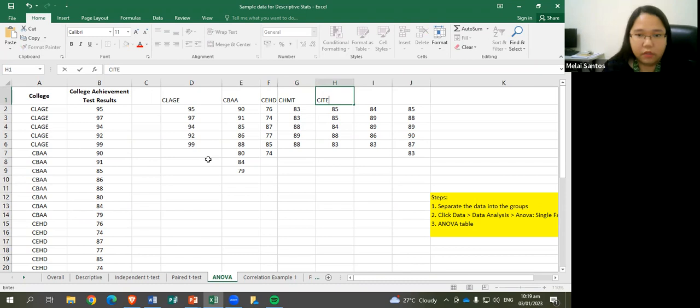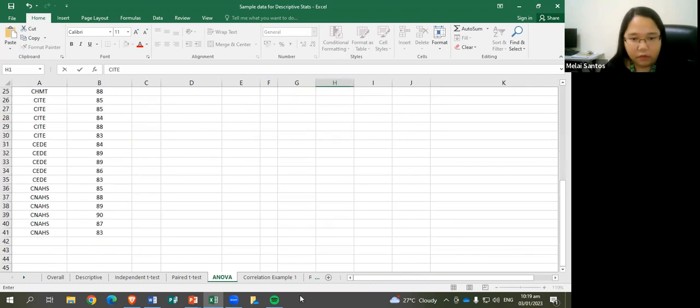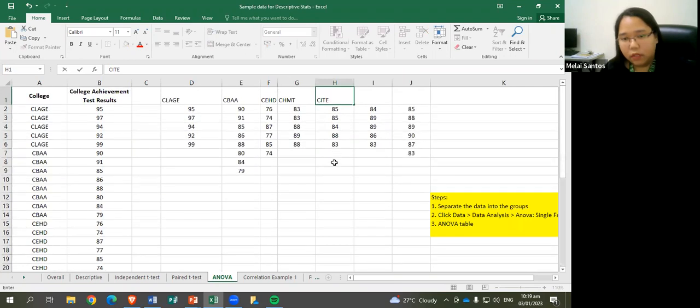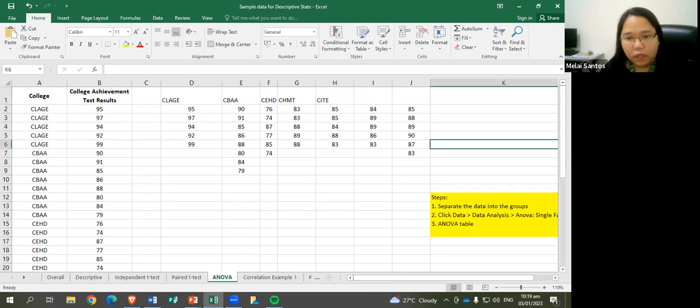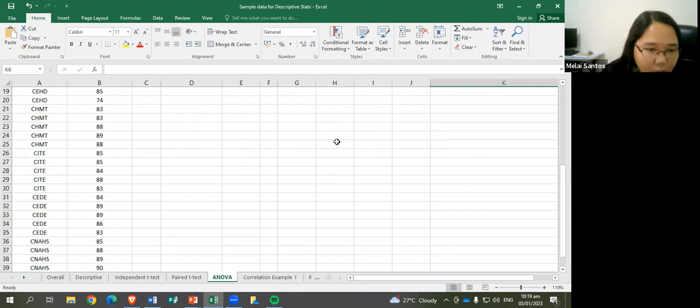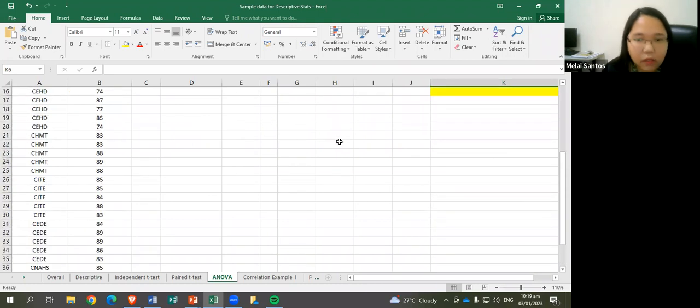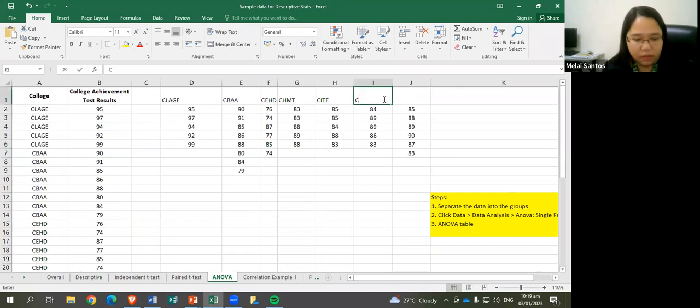There is no SINASH. Not there. So I just cannot see. What's next to site? CLAGE, CBAA, SED, CHMT, site, SINASH. Where is SED? SINASH.